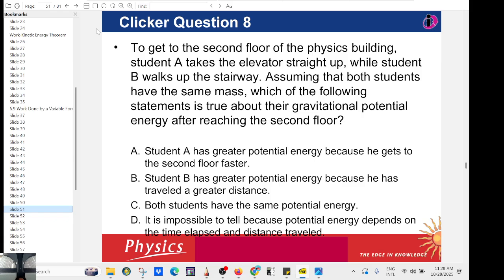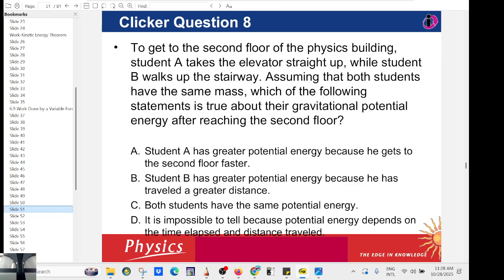Okay, so if you have two students, one takes the elevator and one takes the stairway, but they have the same mass and they go to the same height. What is true about their gravitational potential energy? Same, very good. They have the same potential energy if they have the same mass, because it depends only on the mass and the height.